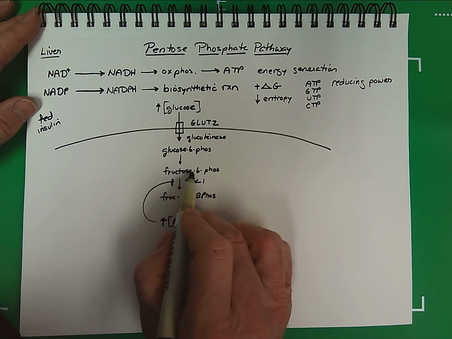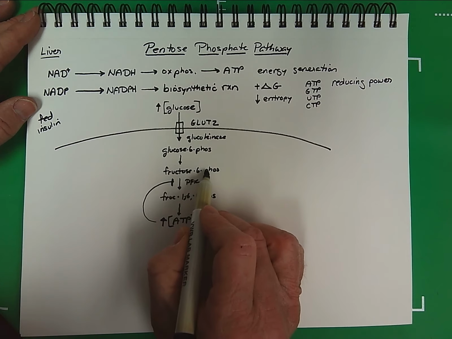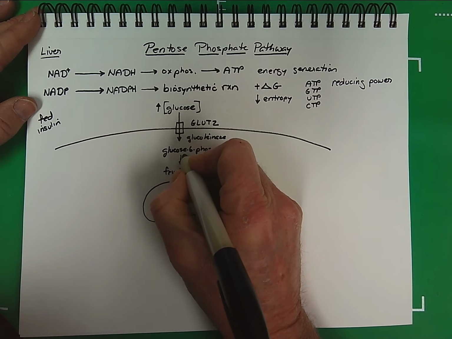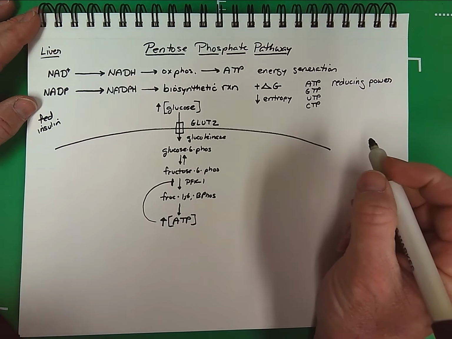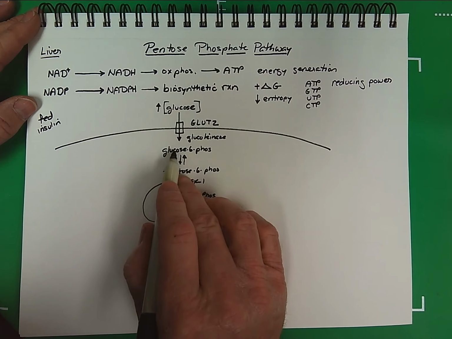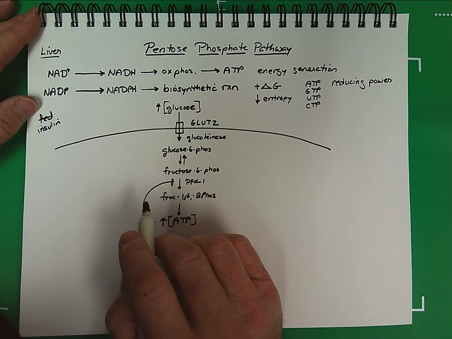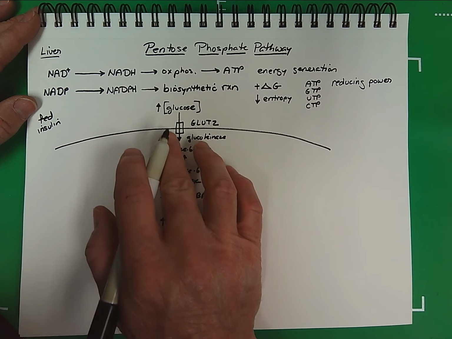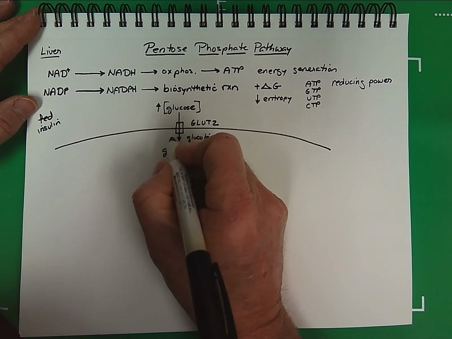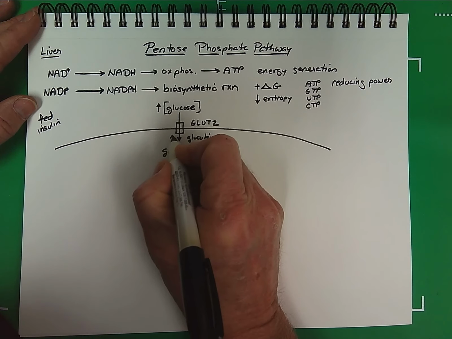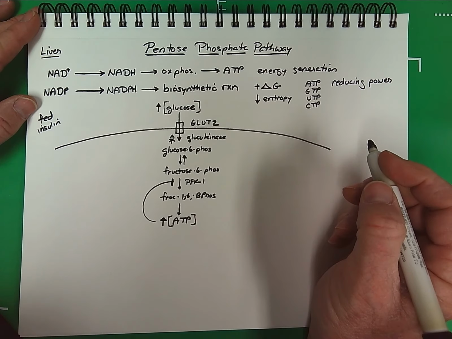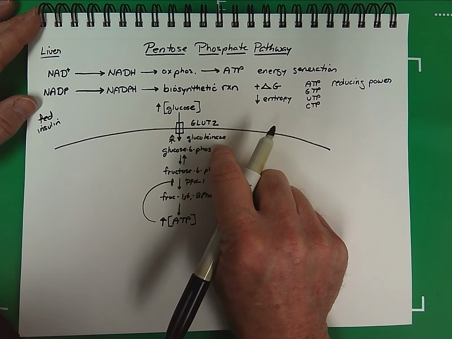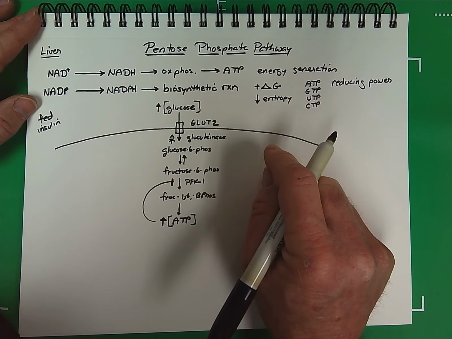This will cause fructose 6-phosphate to increase in concentration. When this happens, recall that the isomerase reaction is reversible, and this will shift back into glucose 6-phosphate. Now at this point, glucose 6-phosphate cannot reverse back into glucose because this is not a reversible reaction. This is such a large negative delta G that we are inhibiting the reverse reaction.